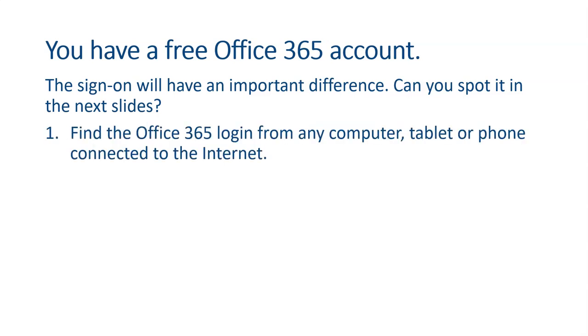To find your Office account, you find the Office 365 login from any computer, tablet, or phone connected to the internet. You'll see several ways of doing this, but here's, I think, the simplest way. Go to nscc.ca, the NSCC homepage.